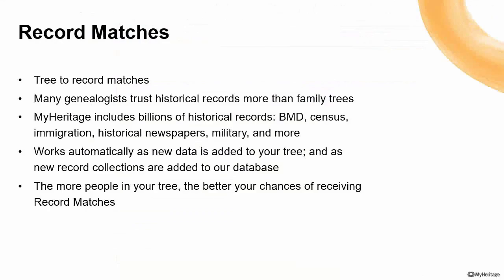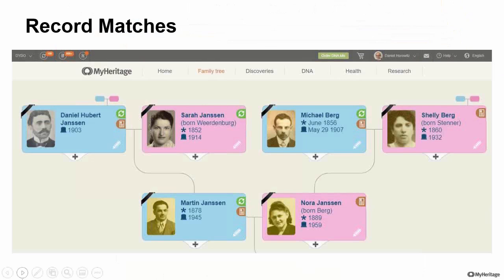Now, I would like to mention for a second the Record Matches technology, which is the technology that will bring the records to you, without making you do a search for these records. And the reason for that is because there is one important collection here that is not searchable, but will get to you through the record matches.